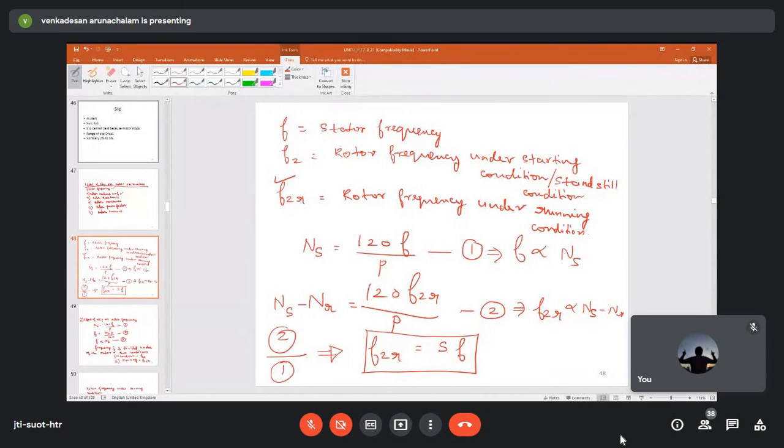When the machine is about to start, slip is equal to 1. Am I right? So I can say when the slip is equal to 1, that is the motor is about to start. So that condition I can say is the starting or standstill condition.